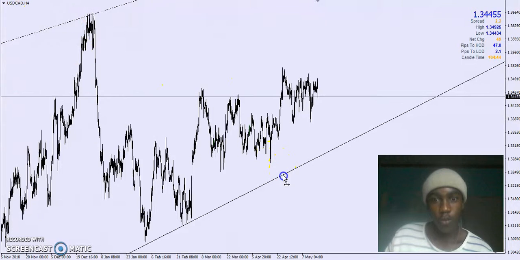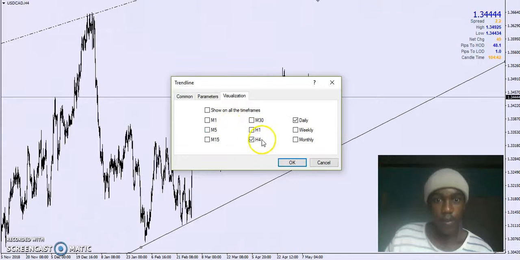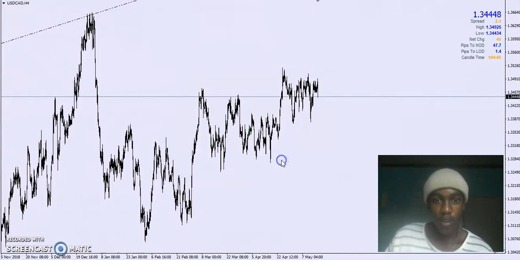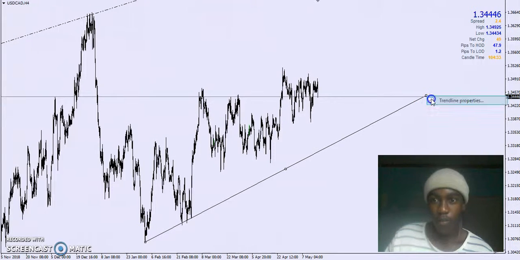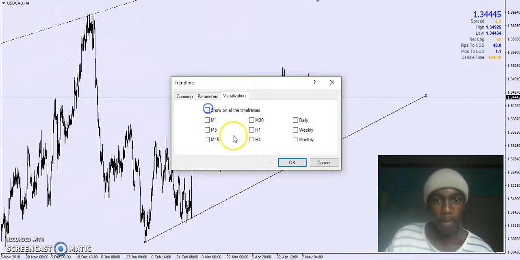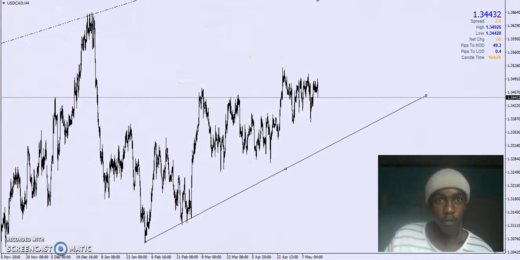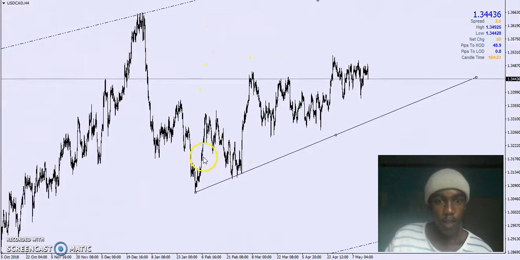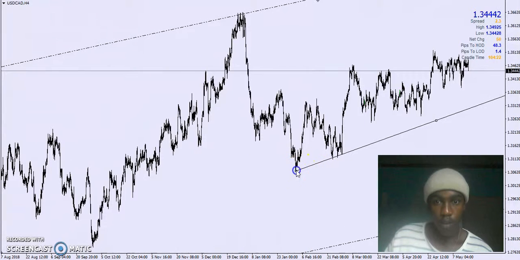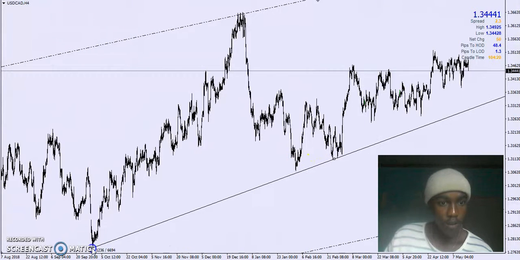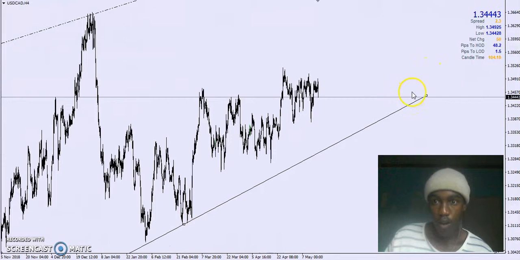Right. I don't really like the way it appears here, so I'm just going to delete it and add a new one. Then if we scroll back, much better.